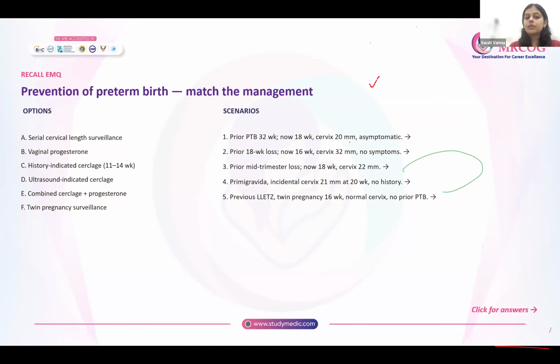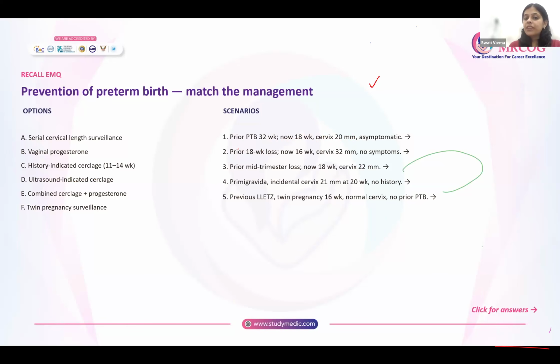Short cervix is there. So in fact, if we see the NICE guideline, then progesterone can also be given. But the better option, according to GTG, is that she is a high-risk woman, and since on ultrasound scanning she is found to have short cervix, the better option is ultrasound indicated cerclage.